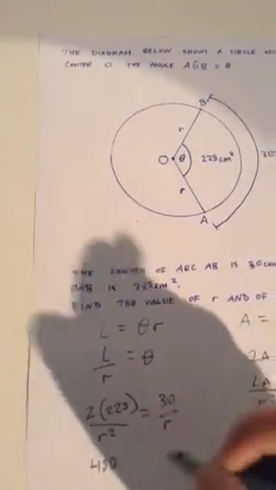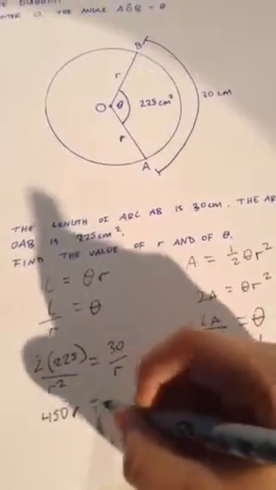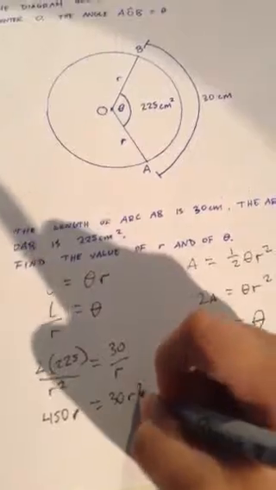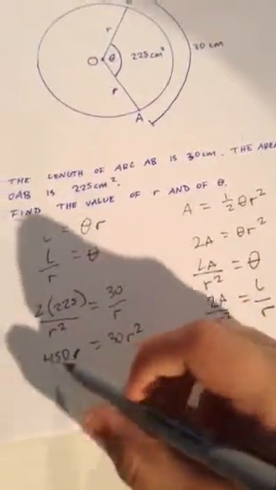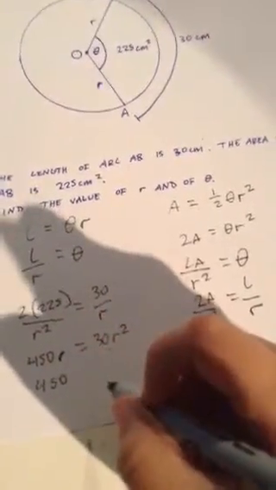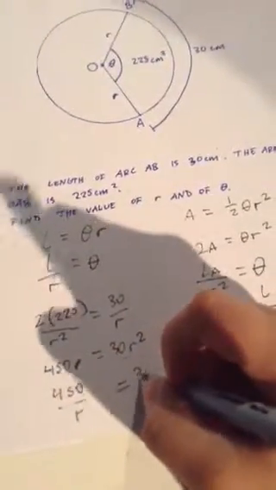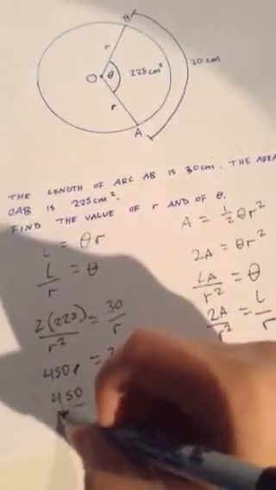So you would essentially get 450 times r, you cross multiply, equals 30 r squared, and then when you divide, 450 over r equals 30. Because when you divide these, 1 r cancels out.